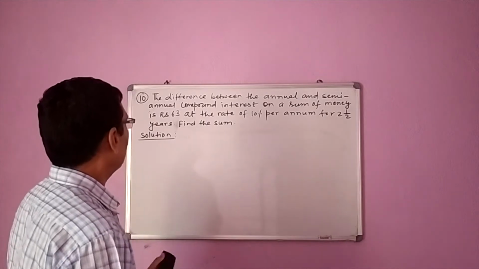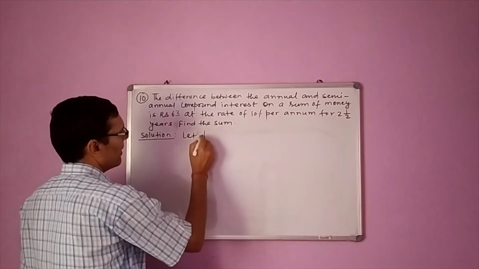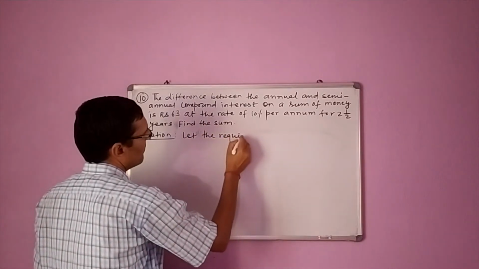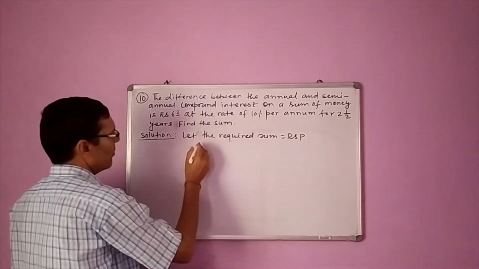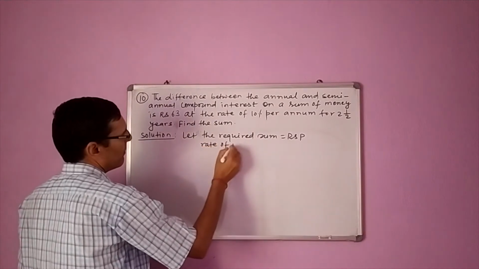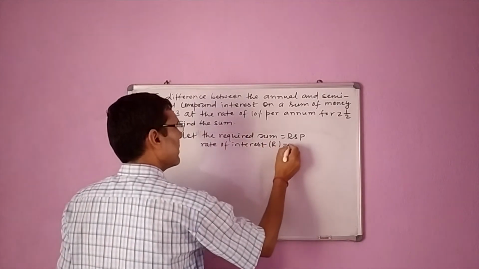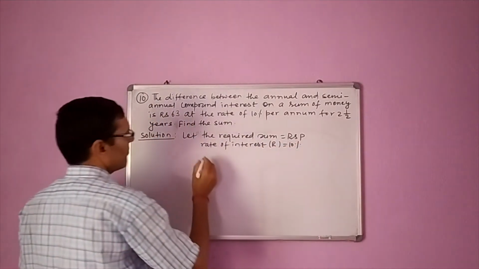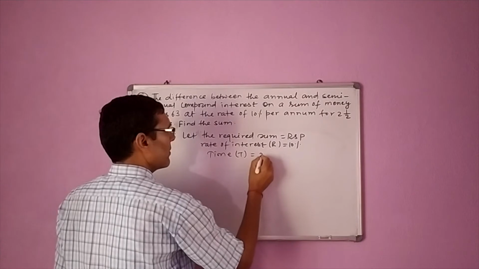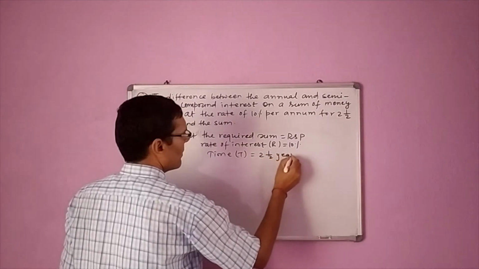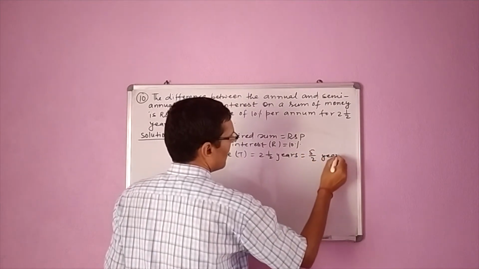So let us suppose this sum is rupees P. Let the required sum be rupees P, rate of interest R is equal to 10%, time T is equal to 2.5 years, this is 5 upon 2 years.